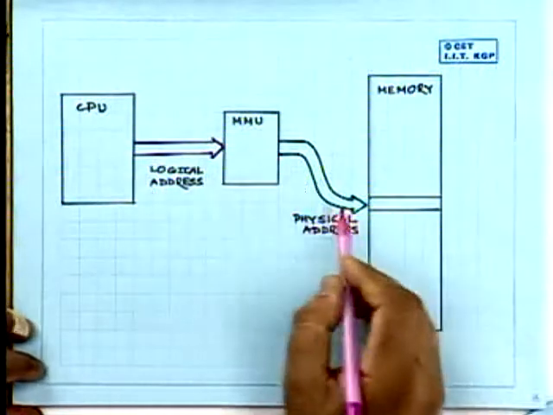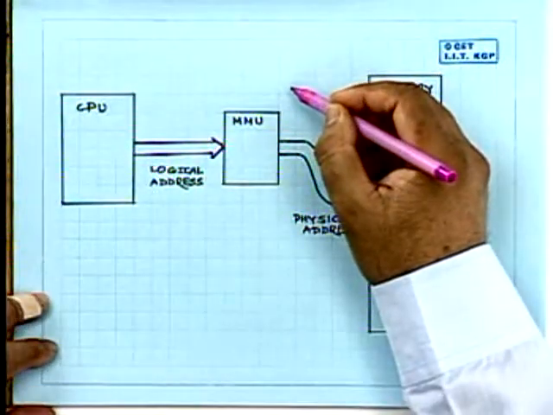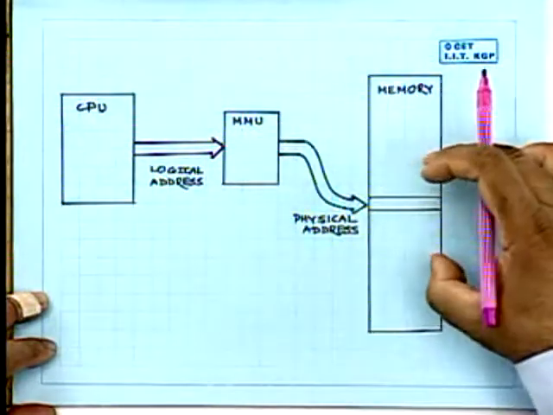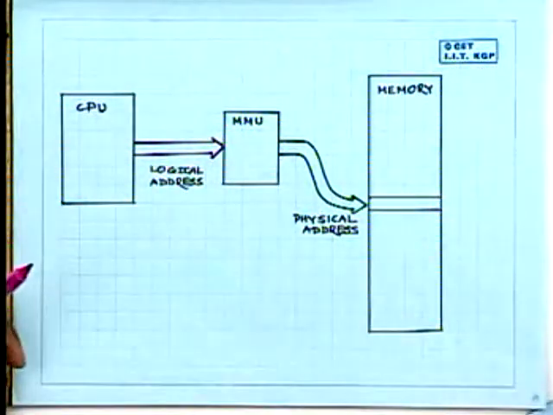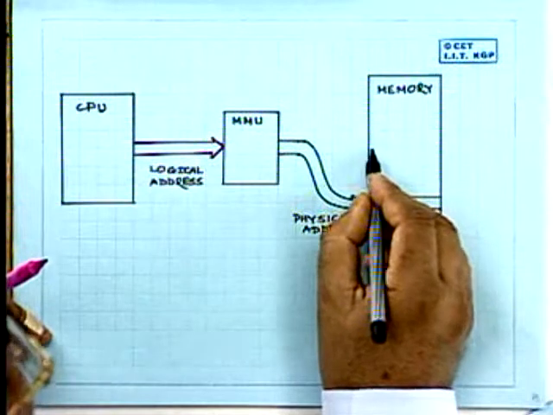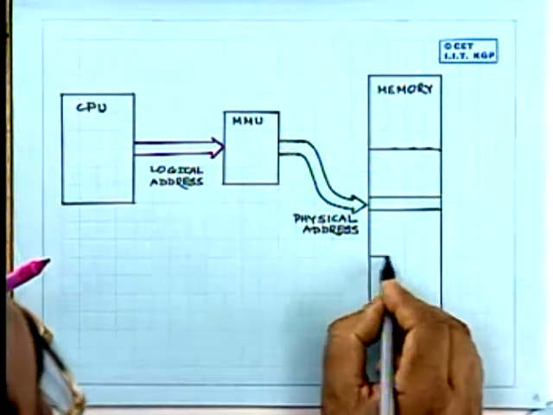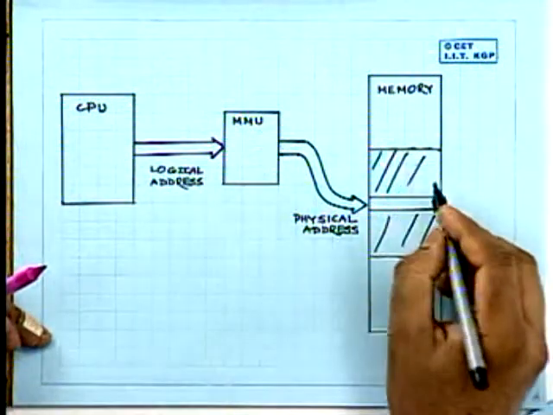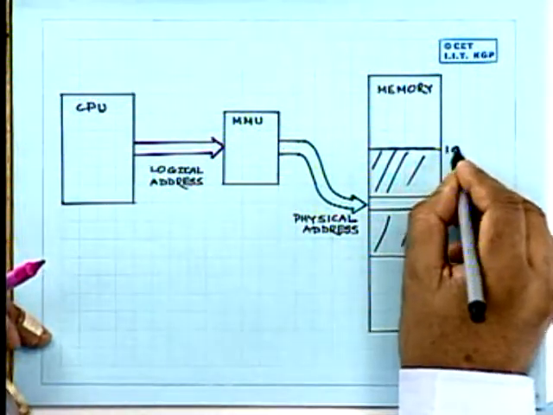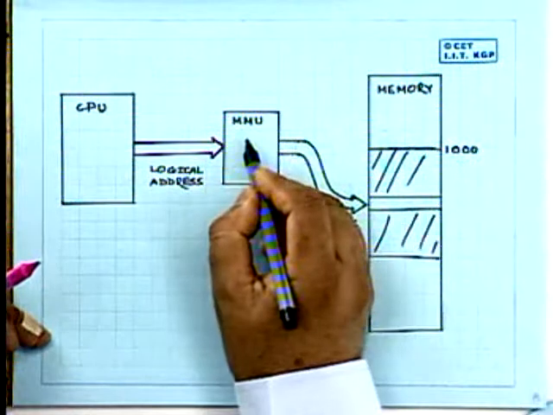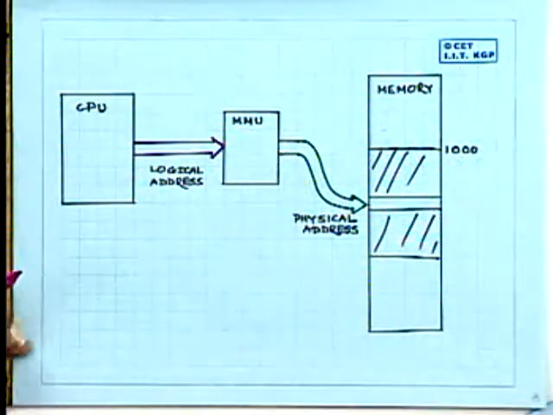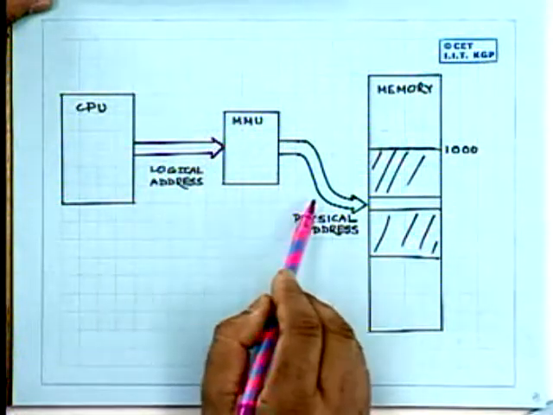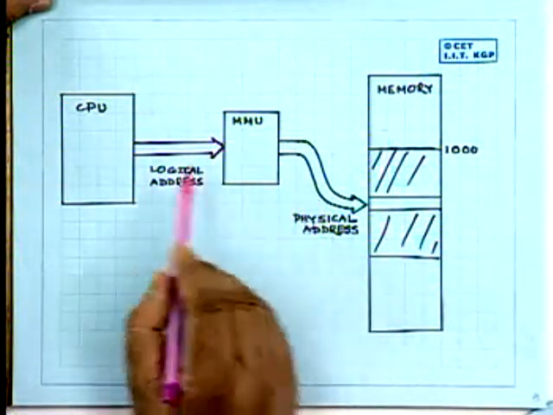Now, if we can supply the memory management unit with the information about where a particular program or process has been loaded, say 100, then the memory management unit should be able to generate the physical address from the logical address.